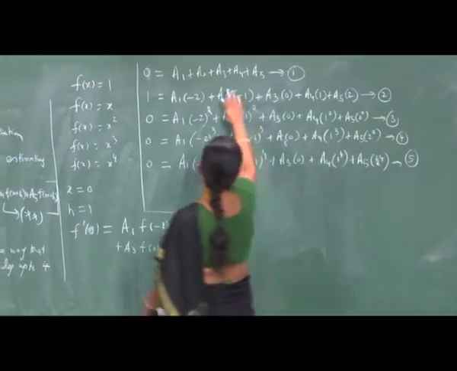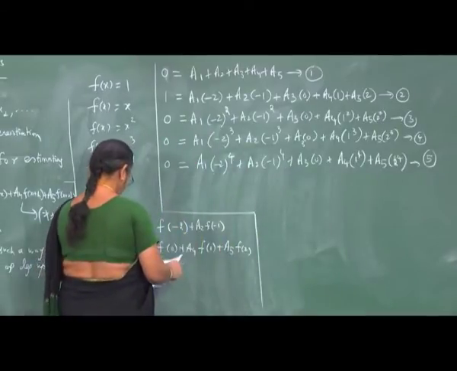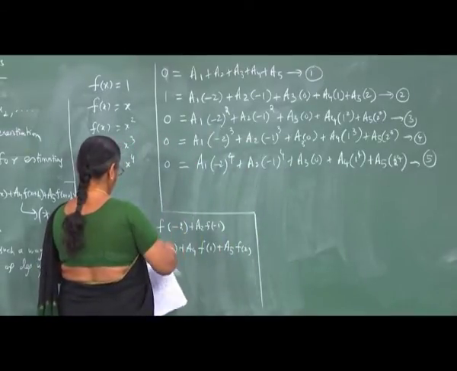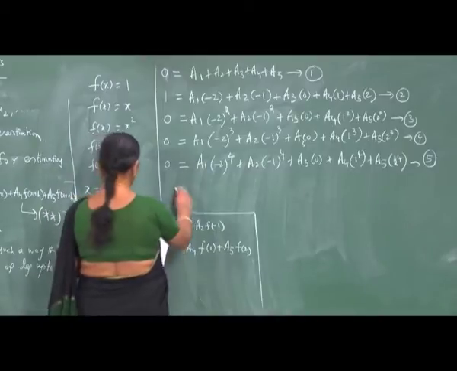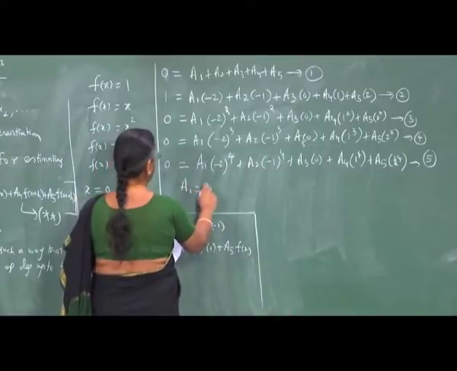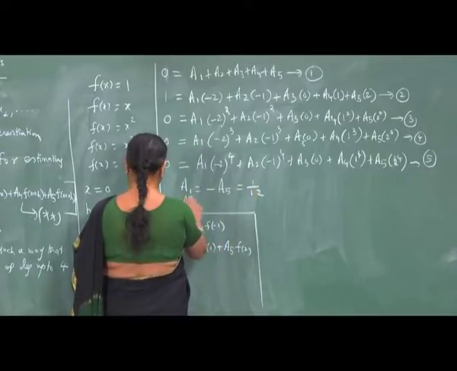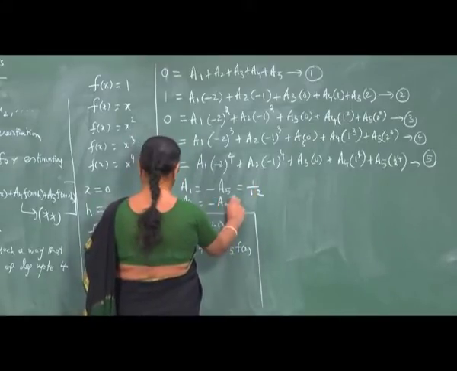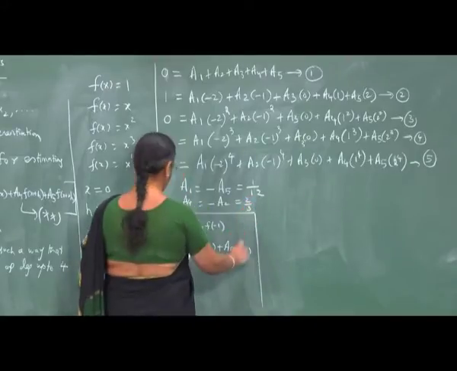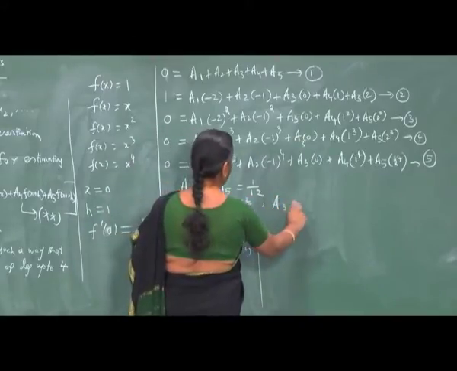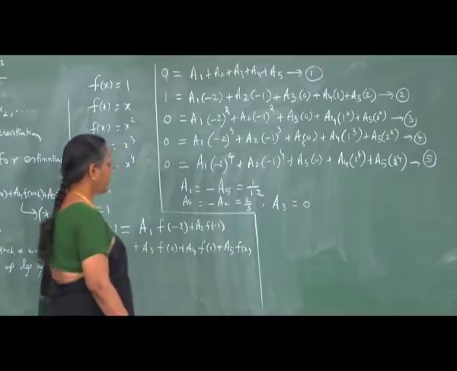So, when you solve these equations, you end up with the solution as a1 is equal to minus a5 equal to 1 by 12 and a4 is minus a2 and that turns out to be 2 by 3 and a3 is 0.